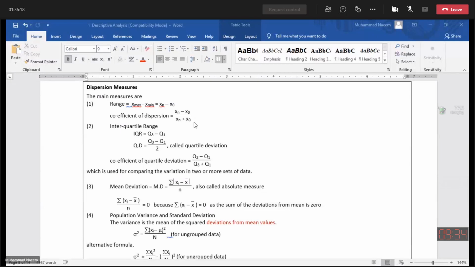Xi minus x bar means just the distance of a value from the mean value. But if the mean is negative and x is negative, we have a different situation.